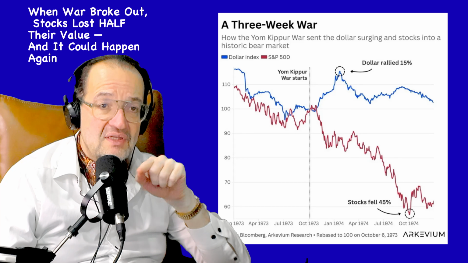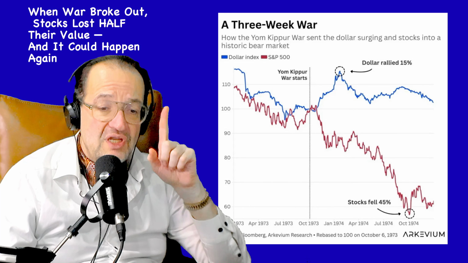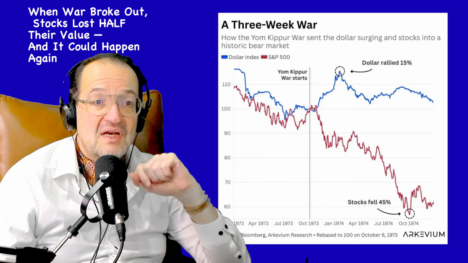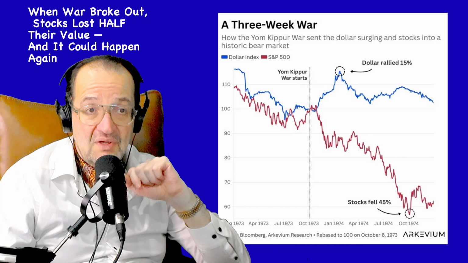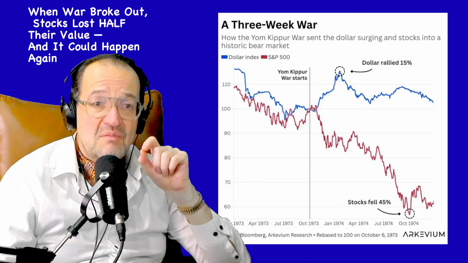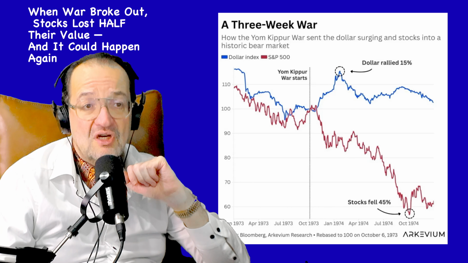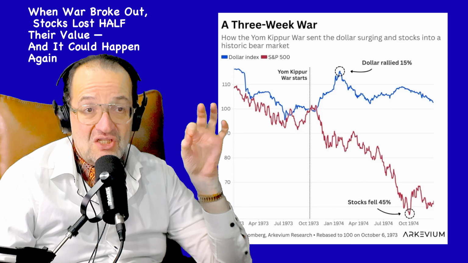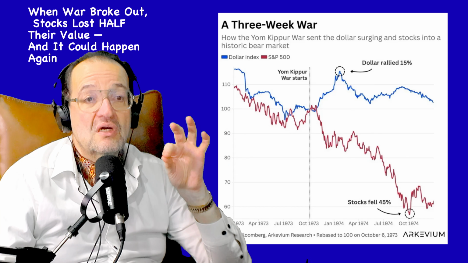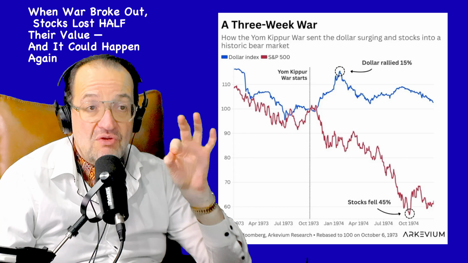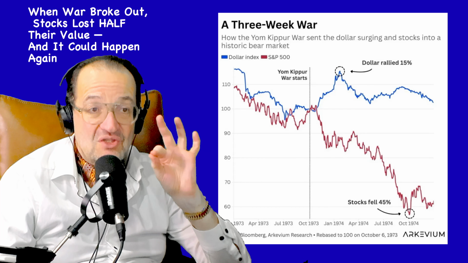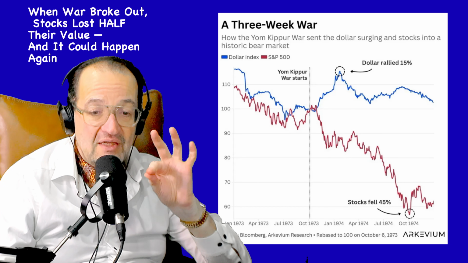When the war starts and that blue line does a complete 180, it starts climbing, and by early 1974, it's up 15% from where the war started. That dashed circle in the chart, right around January to April 1974, is the peak of the dollar's rally.